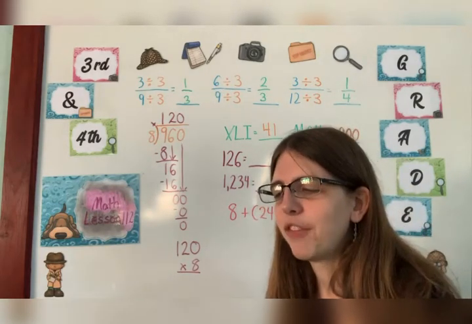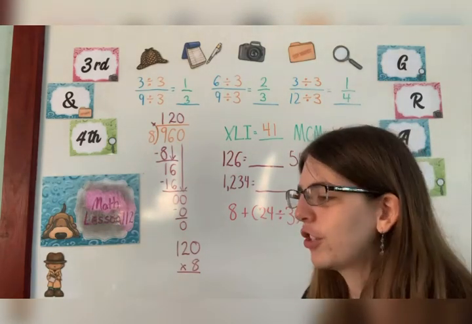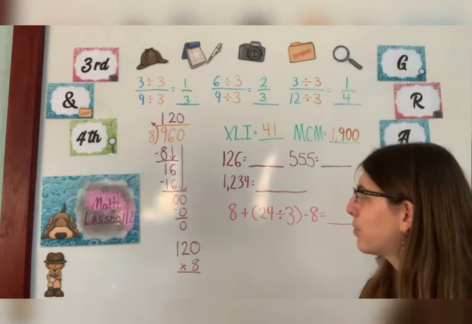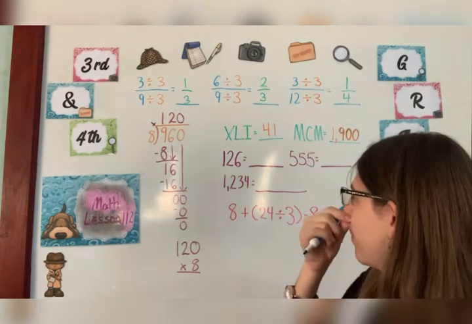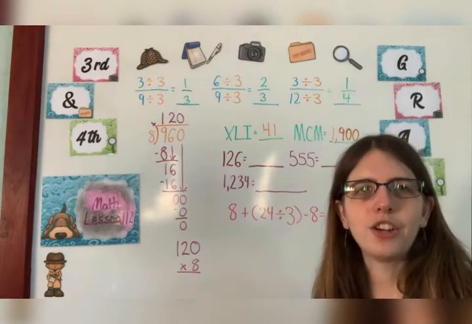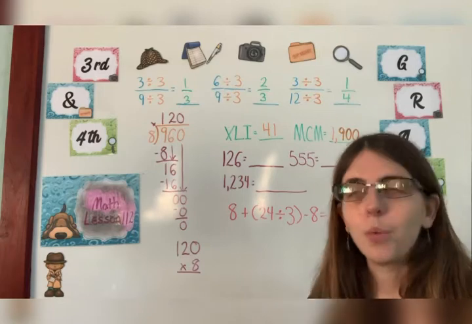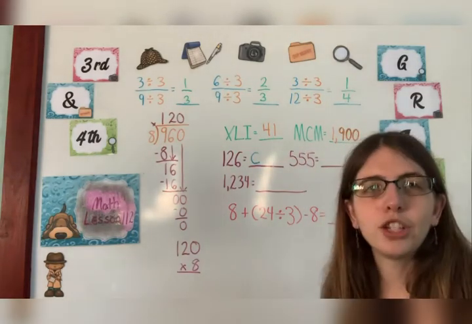Okay, number 5 says write the Roman numerals. So now it's your turn to write the letters. Let's work on these together. Letter A is 126. Okay, so first let's start with the 100. How do we show 100? With a C, very good. How about the 20?